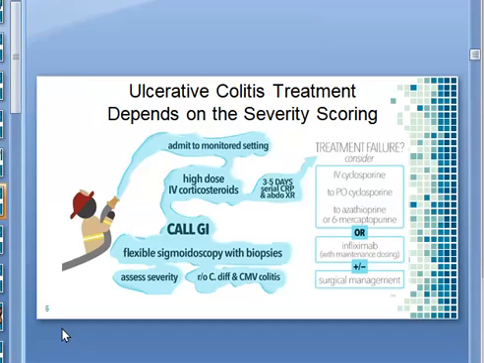Knowing the severity of UC lets the physician specify the type of treatment, like medication, or whether the patient needs surgical management. That can be determined only through endoscopic examination.